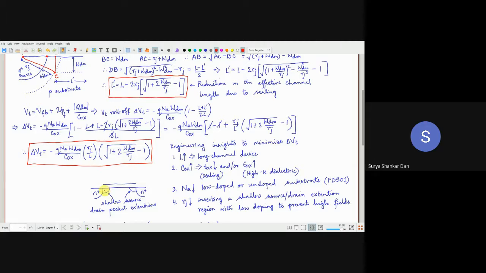So let us say it will be N minus. Inserting a shallow extension region with low doping, such that the fields will also be lower. At the same time, this RJ will be lower than this. If you notice, this circle has a much larger RJ than this one. Correct.